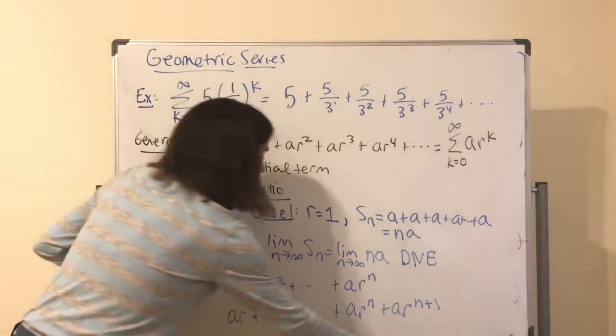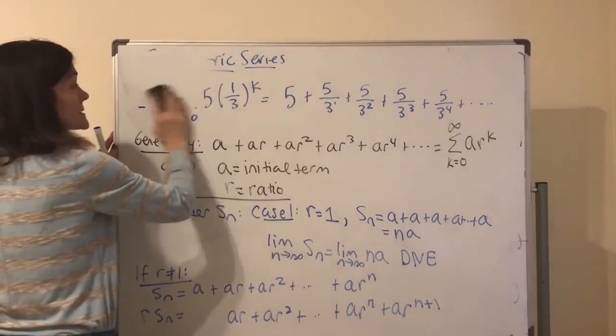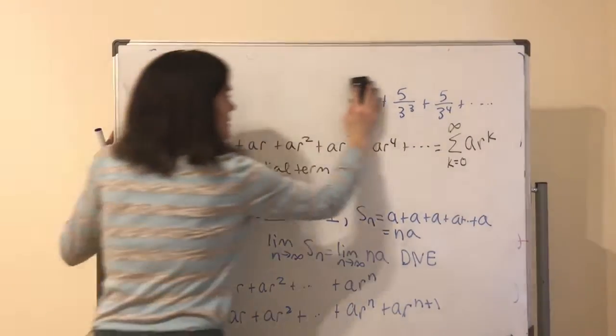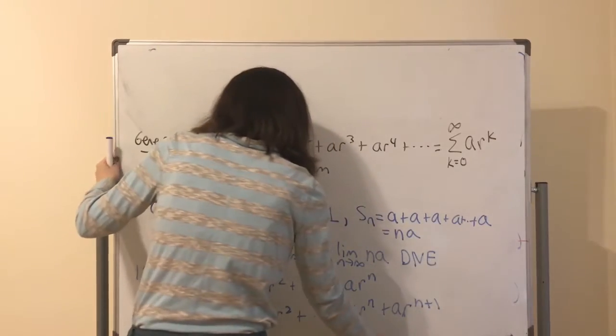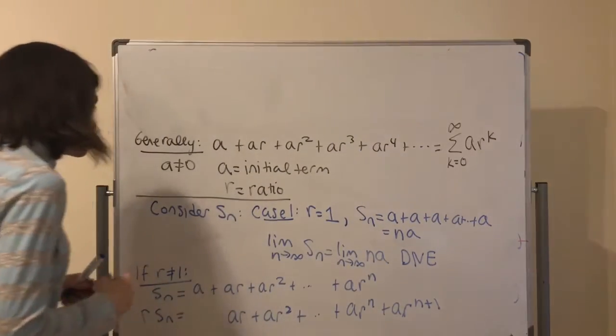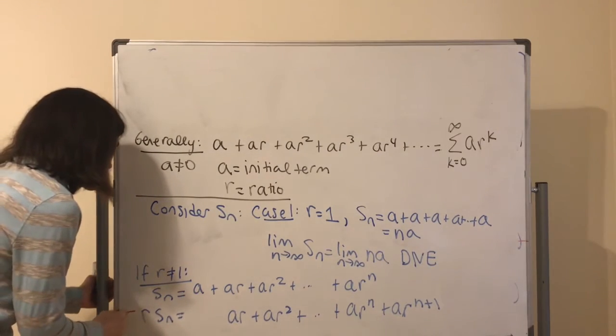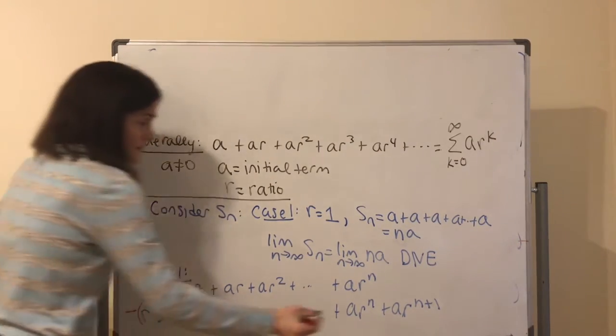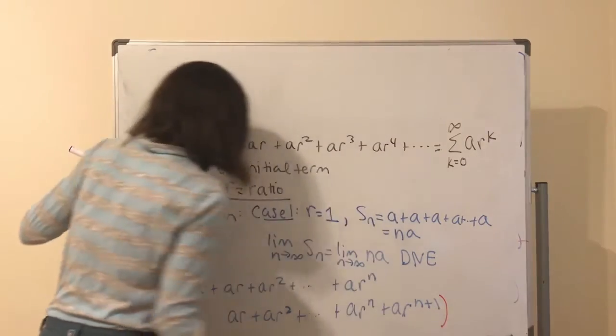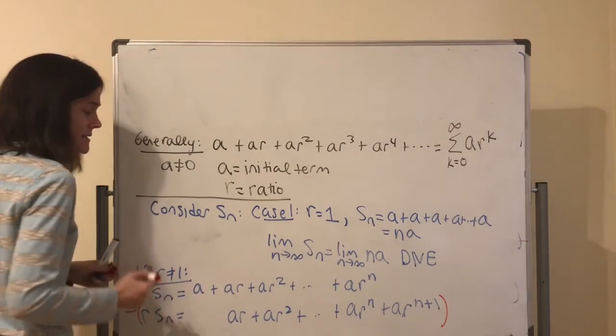Now, here's where I'm going to move to the top, because I am out of space at the bottom. Now, what am I going to do, though? As I move to the top, I'm going to subtract this line, this minus this.